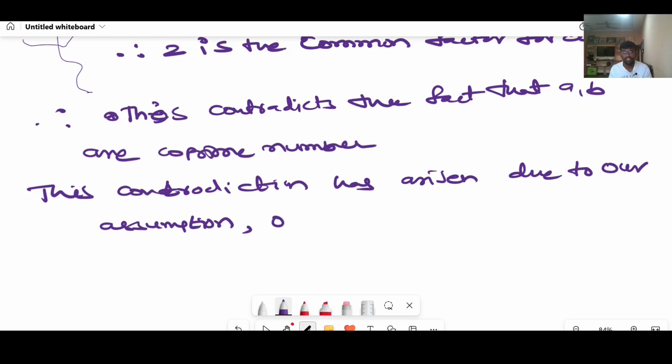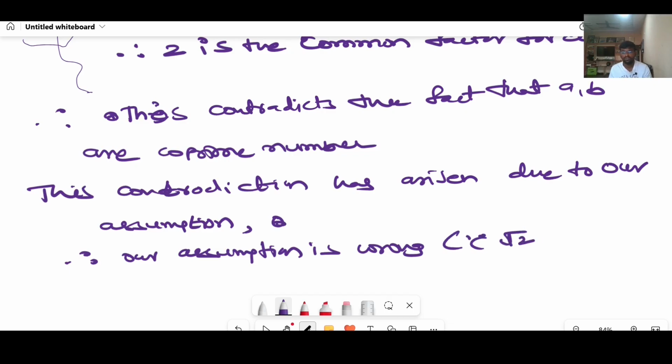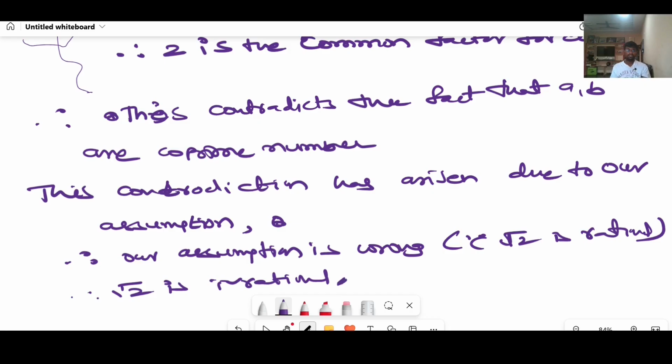Therefore our assumption is wrong. What is our assumption? Root 2 is rational. Then what is correct? Therefore root 2 is irrational. This is the proof for proving root 2 as irrational.